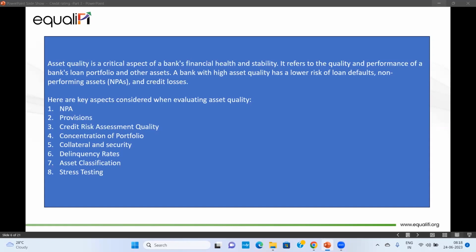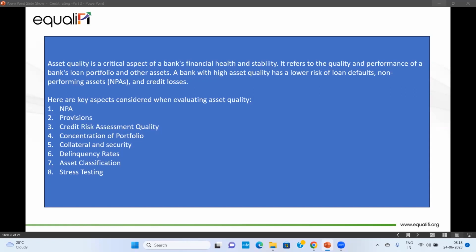So this is all known to us. There are certain key aspects while evaluating the asset quality of a bank. One is NPA, second one is provisions, then credit risk assessment quality, concentration of portfolio, collateral and security, delinquency rates, asset classification, and stress testing.